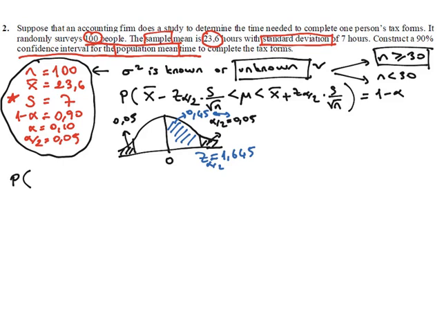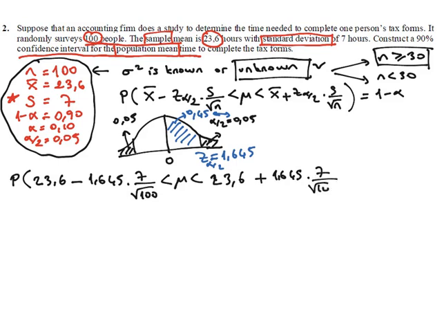Okay, what is my x bar? It is 23.6 minus 1.645 times, what is S? It is 7. What is n? It is 100. The rest is the same, only I put plus here.